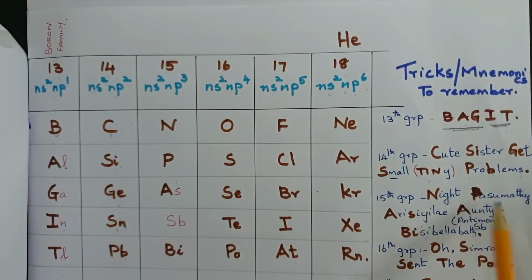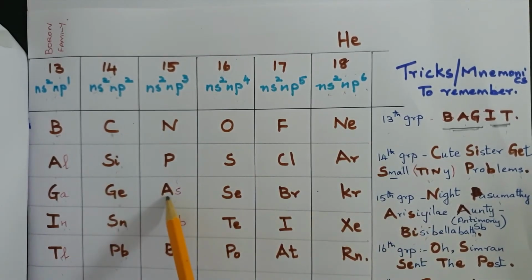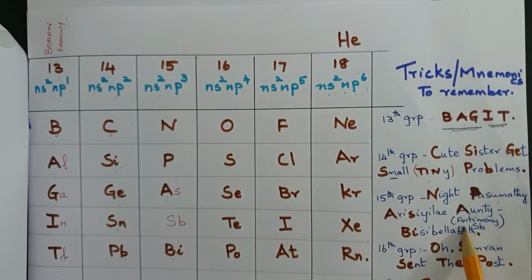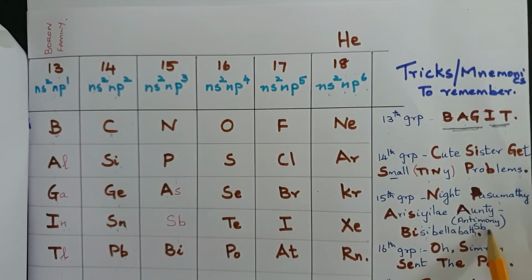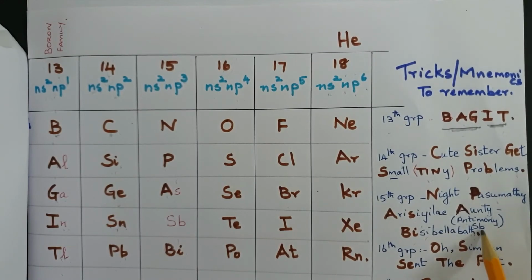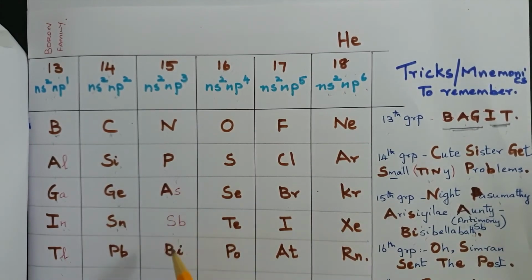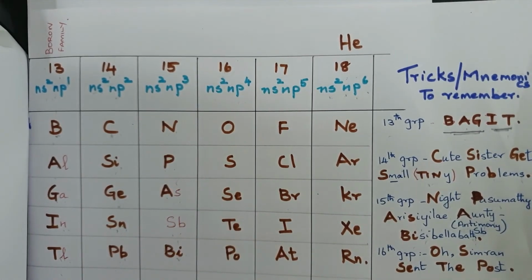Basmati, you could put as Pasumati, P, phosphorus. Arsila, As stands for arsenic. Anti is antimony, the symbol of which is Sb, stibium. And Bisibalabad, you can remember Bi for bismuth. So nitrogen, phosphorus, arsenic, antimony and bismuth are the elements in the 15th group.